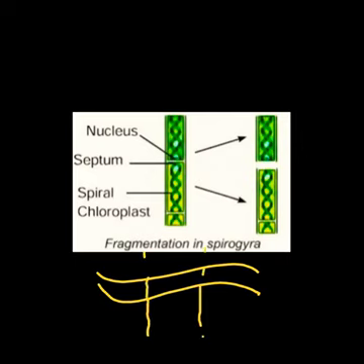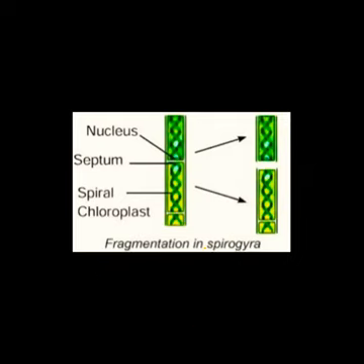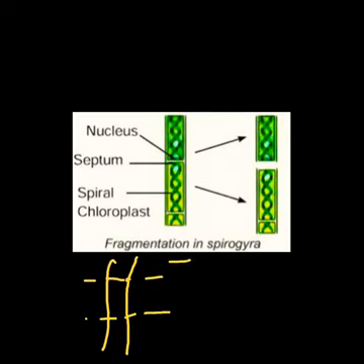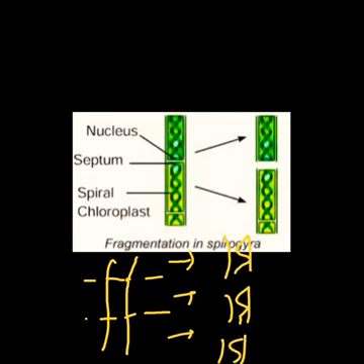Okay, it gets cut into pieces on maturation. Now, once it gets cut into pieces, for example, here is the filament of the Spirogyra, which is cut into pieces, right? Now, from each piece of the Spirogyra, the new filament grows.